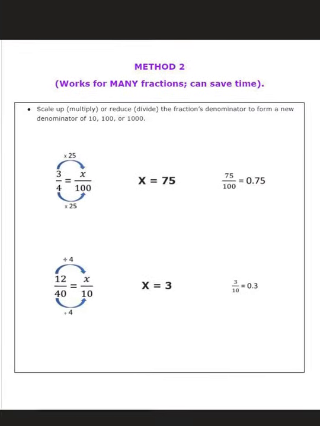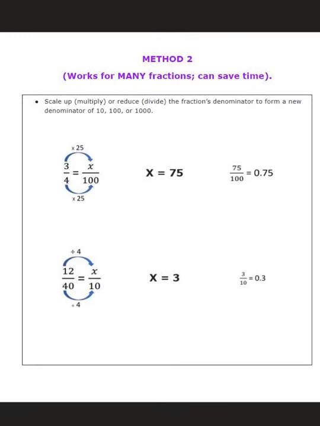On the next slide, we have another option, and that option is scaling up, where you'll multiply or divide depending on if you're going up, you'll multiply. If you're going down, you'll divide. Now you've got to think of your tens. So I had the fraction 3/4. Looking at the denominator of 4, you think, how can I make a power of 10 out of that?